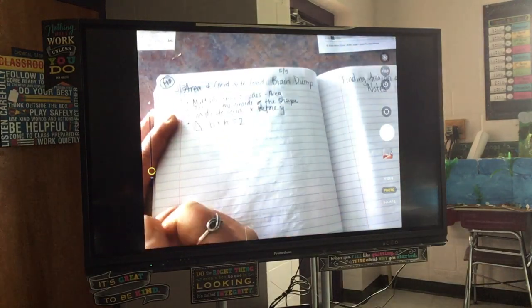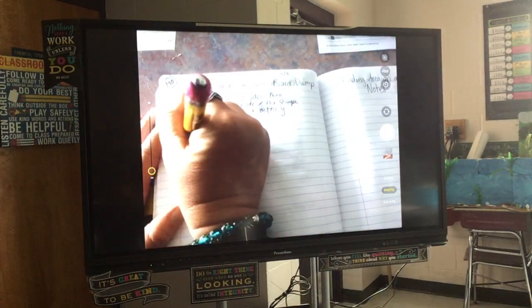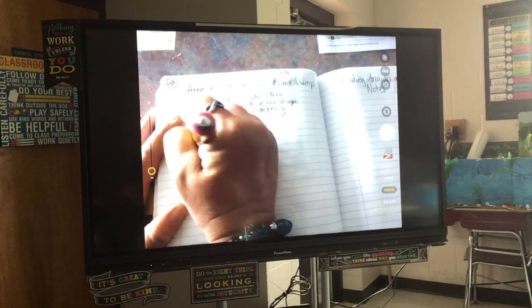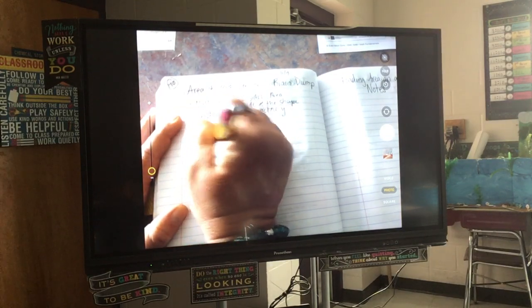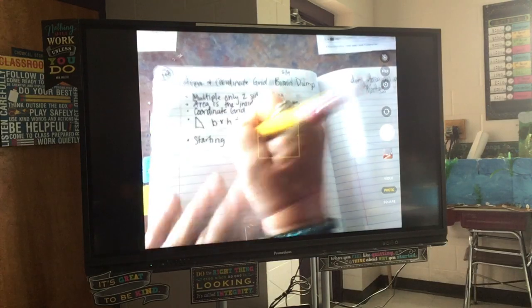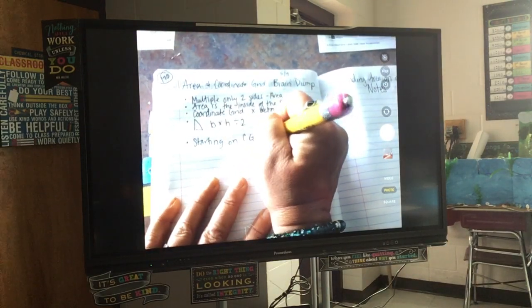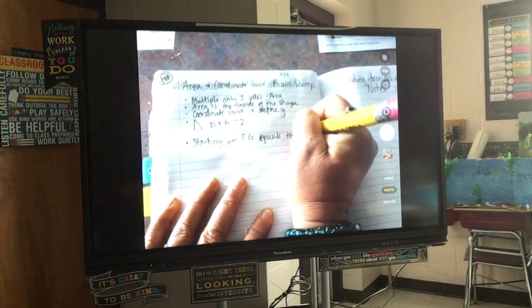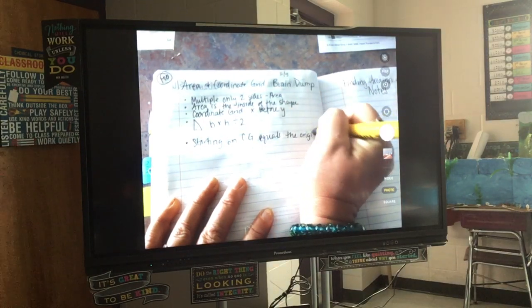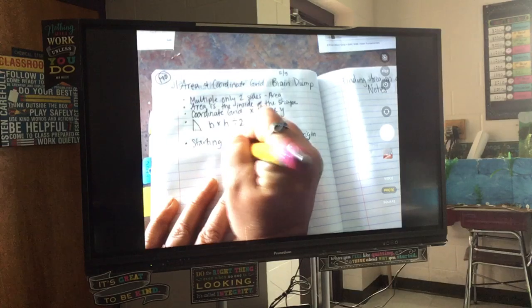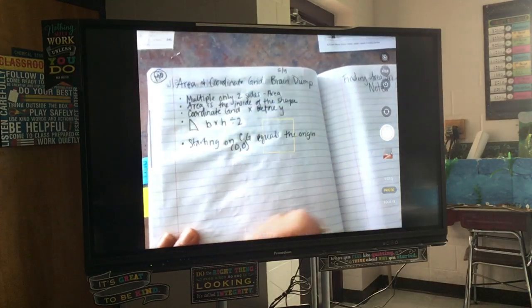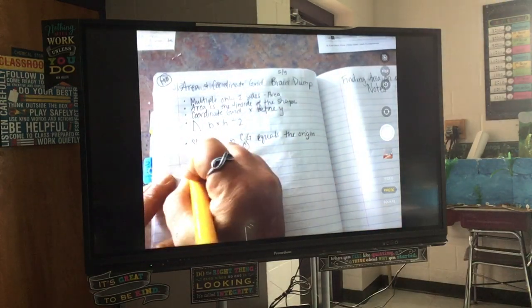Alright, what else? Ramon? Starting point equals the origin. On what? On the coordinate grid. And what are the coordinates for the origin? 0, 0. Perfect. Alright, Andrew? Multiply base times height.